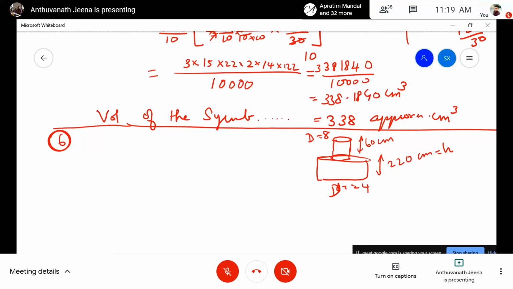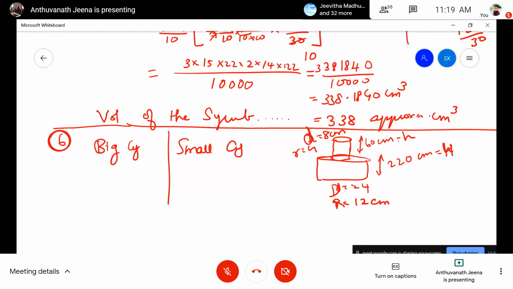Wait. Diameter of the bigger cylinder is 24. So radius is 12. The bigger cylinder height is 220. I'll put all capital letters so that we will not be confused. And this is small. Small d is 8 centimeters. So radius is 4. So this is small h. Here instead of using two different formulas we are using the same but different size.